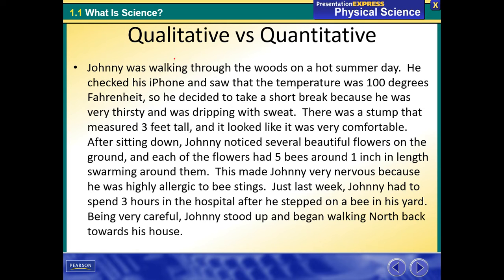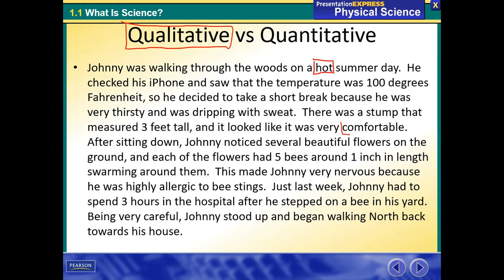Well, first, qualitative data, again, remember this has to do with a description. So, some examples of qualitative data are going to be things like hot. That gives you an idea of the temperature outside. I want you to pause this video and see if you can find 4 more examples. Some other ones that I have seen are things like comfortable.